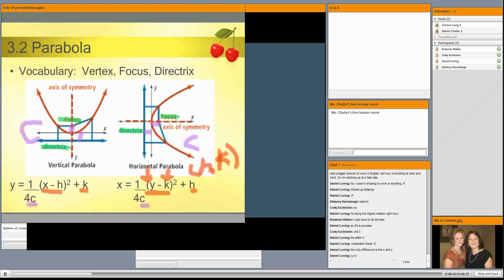Now, when you look in the book, you're going to see a bunch of formulas. I'm never ever going to use those formulas. On every single problem that I do for conic sections, I'm sketching a picture. Because if I can see the picture, I don't need all those formulas.